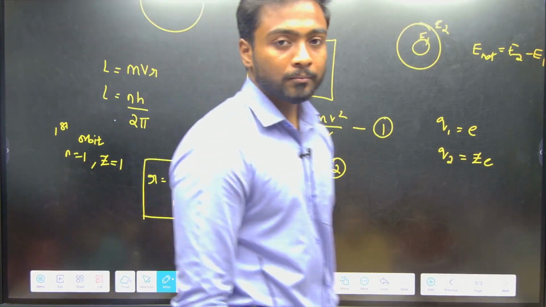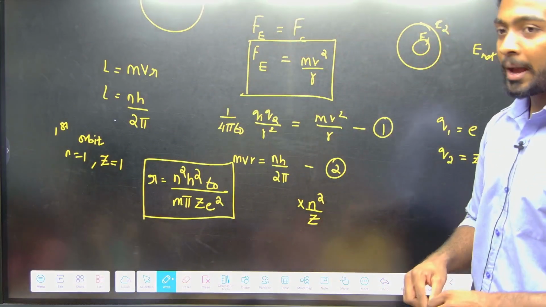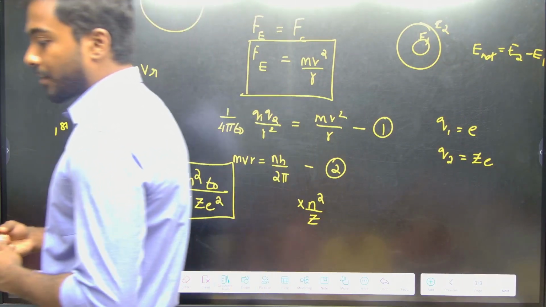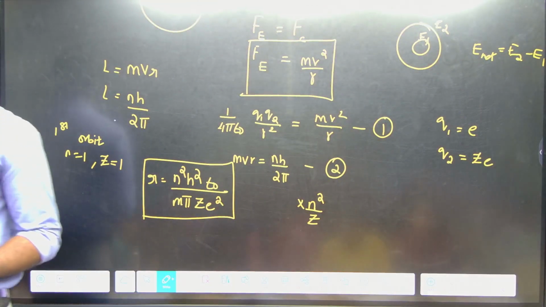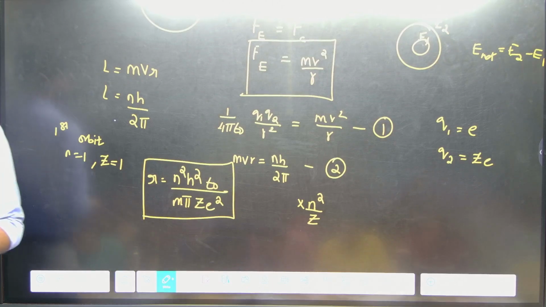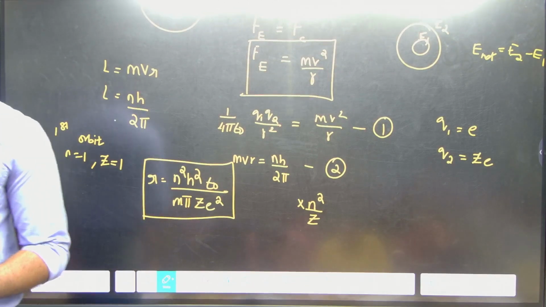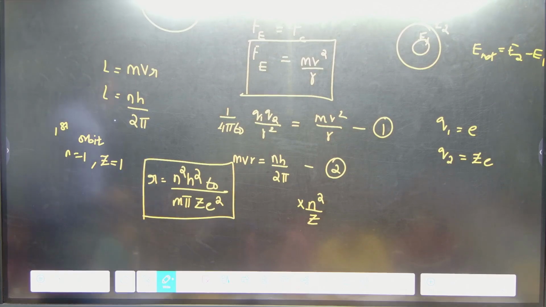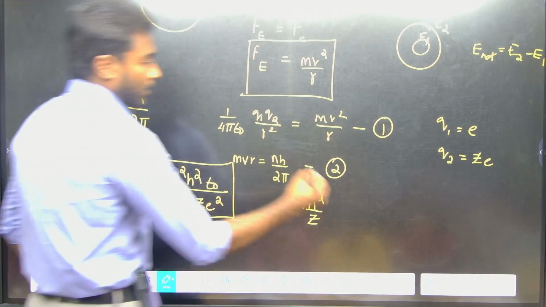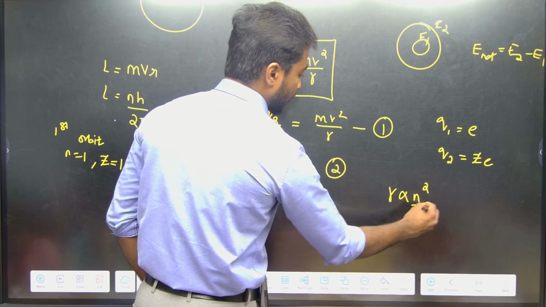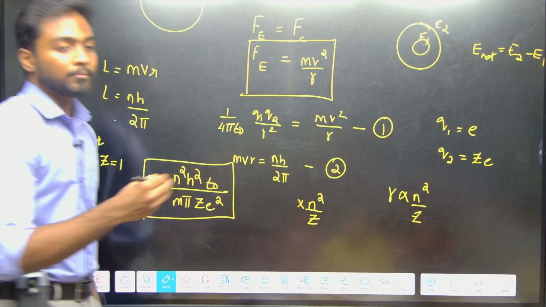What is the value? 0.53 Angstrom, and this is called Bohr's radius. So I can say that R is directly proportional to n square and inversely proportional to z.